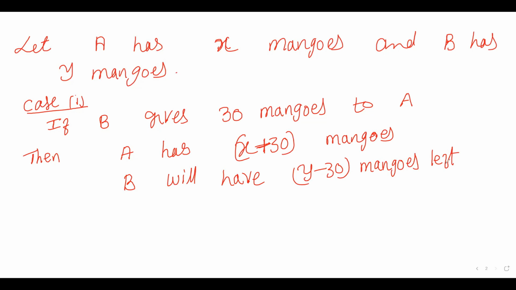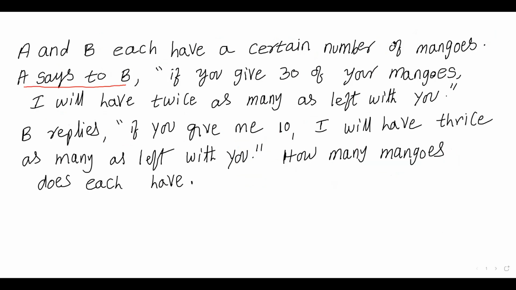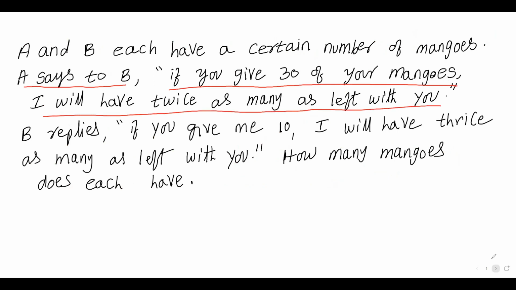So this is the point you need to understand. B is giving 30 mangoes to A. So A will have x plus 30 and B will be having y minus 30 left with him. So go and read the condition here clearly. If you give 30 mangoes, I will have twice as many as are left with you.